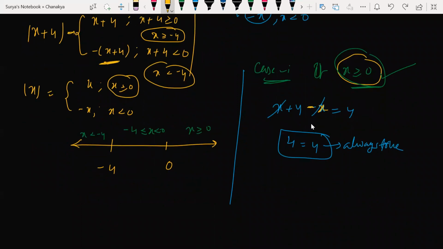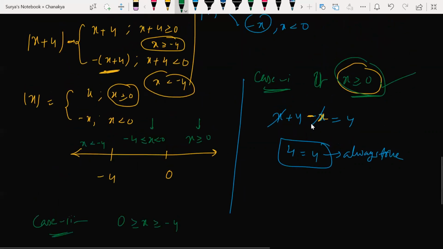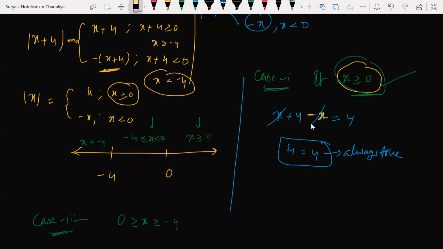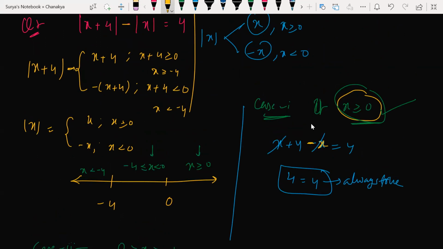Let's talk about case 2. Let me solve case 2 here. What is case 2? I took the earlier one as case 1. So how can I write this now? Minus 4 less than or equal to x less than 0. So how are the first function and the second function going to be defined? When x is greater than or equal to minus 4, this function is defined as x plus 4.